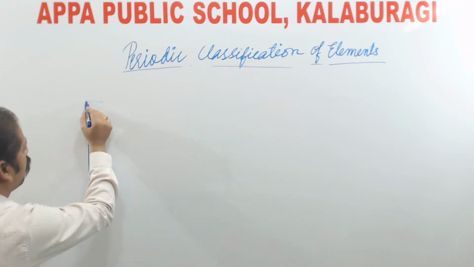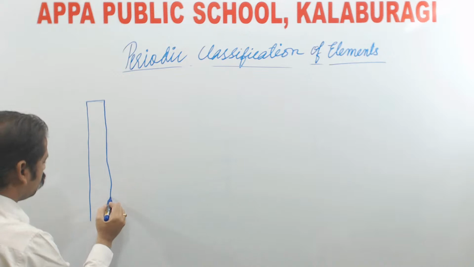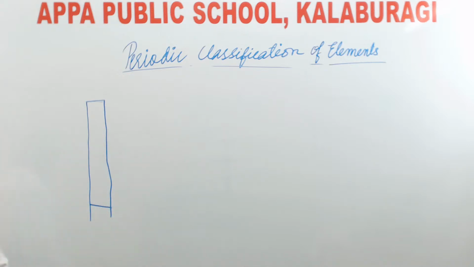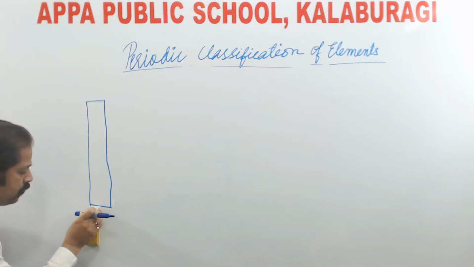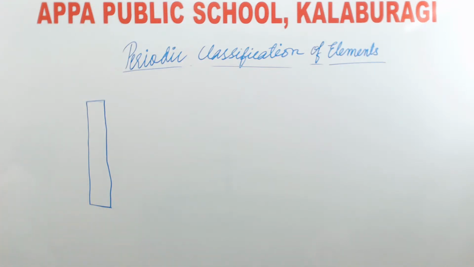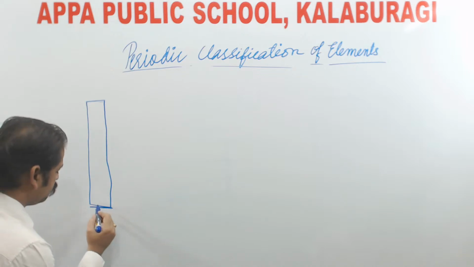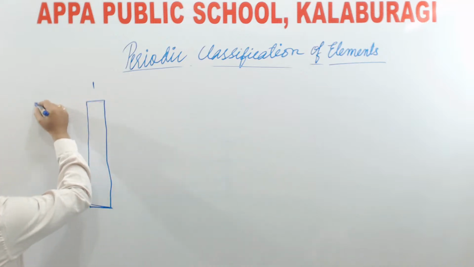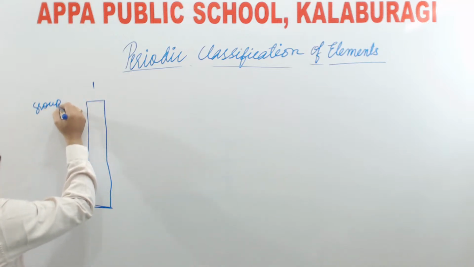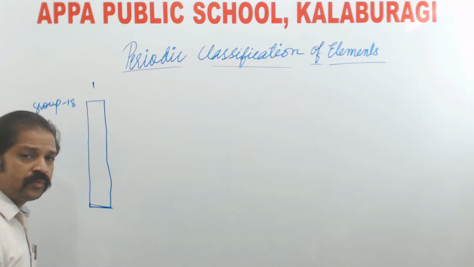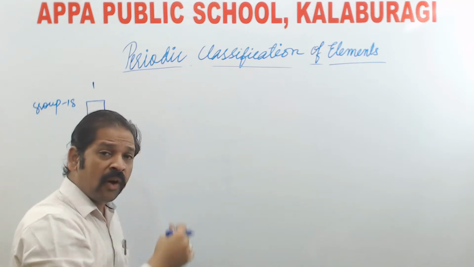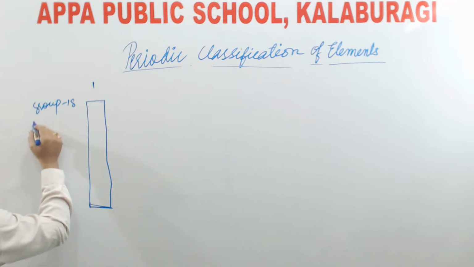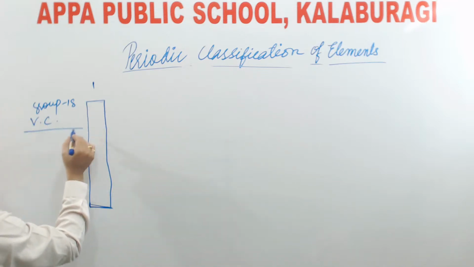It is the first group number 18. We are having 18 groups. The vertical columns are called groups.